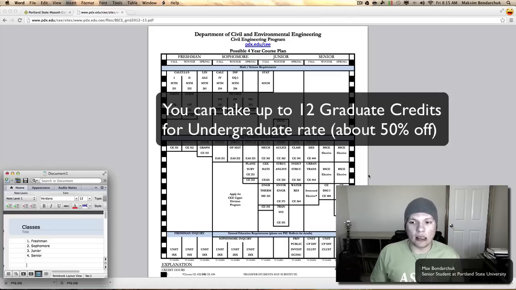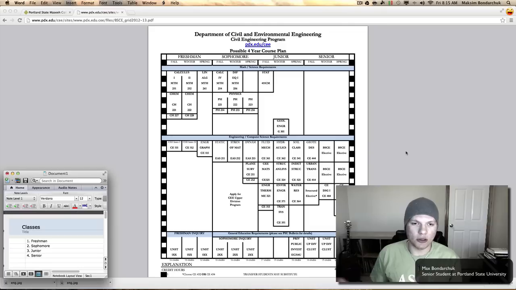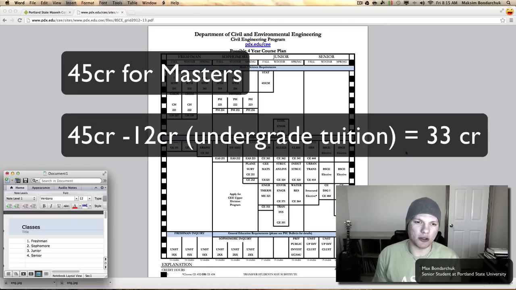Well, you can take 12 credits of those graduate classes as an undergrad still for 2,500. So I definitely take advantage of that, even if you have to push on to 5th year. You'll save some money, and I think it's 45 credits to get your master's degree. You get one of those terms off by doing it as an undergrad, or if you can find a way to squeeze them in here.